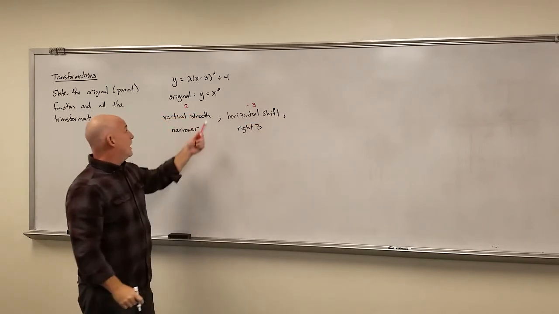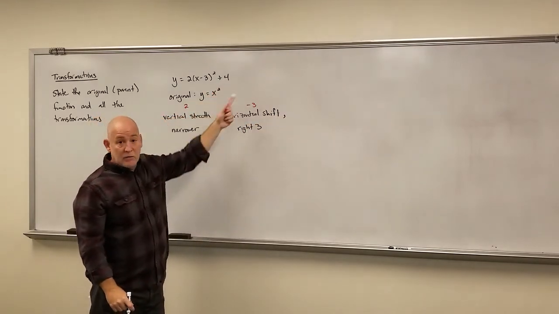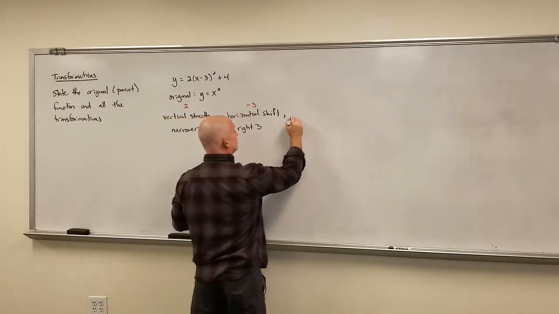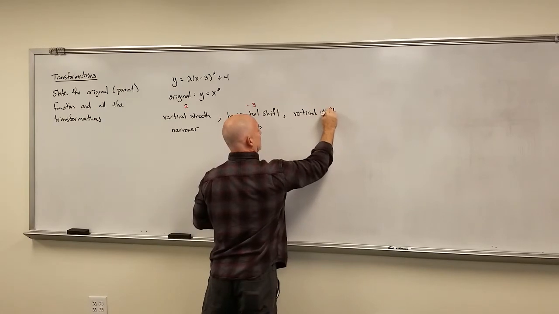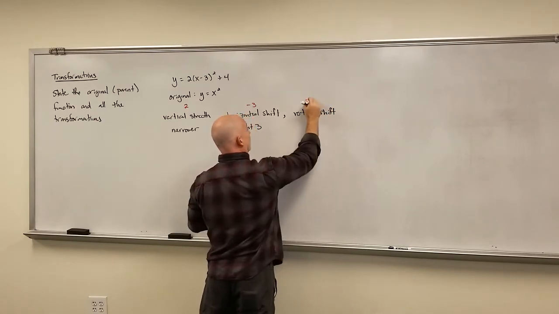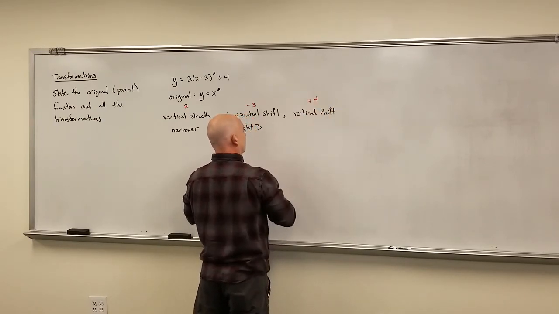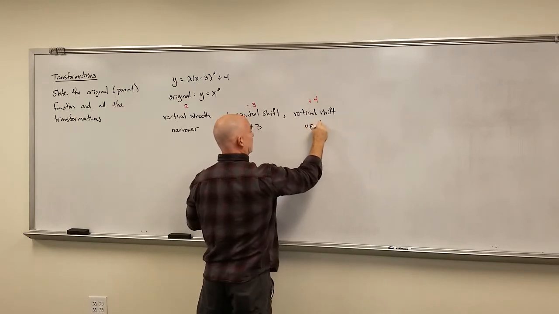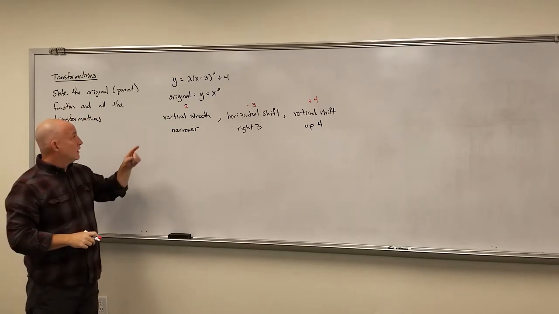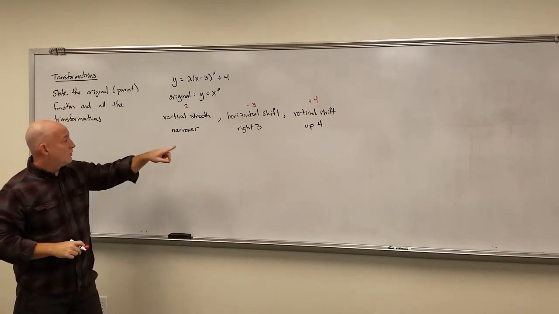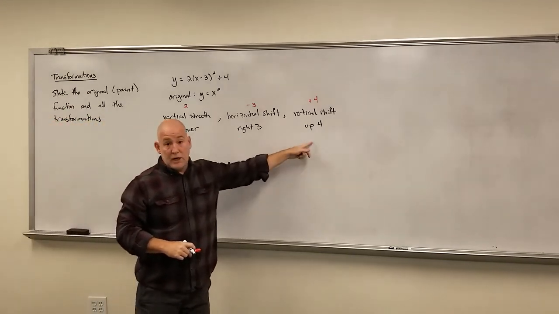And the last thing we have here is we're adding a number to the very end. So this is a vertical shift, that's our plus 4 at the end. So this is going to be up 4. For questions like this though, all you really need to do is say the graph is narrower, it's moved right 3 and up 4.